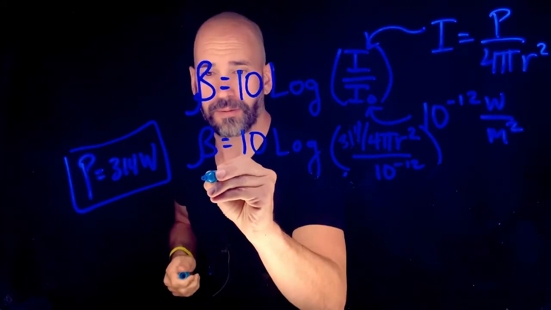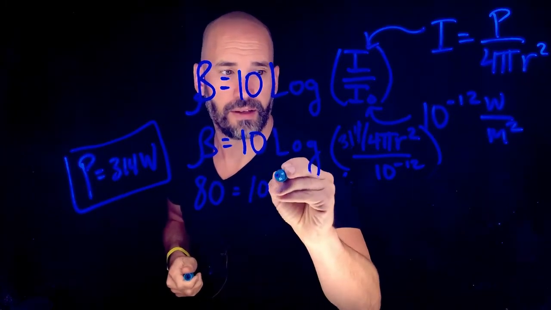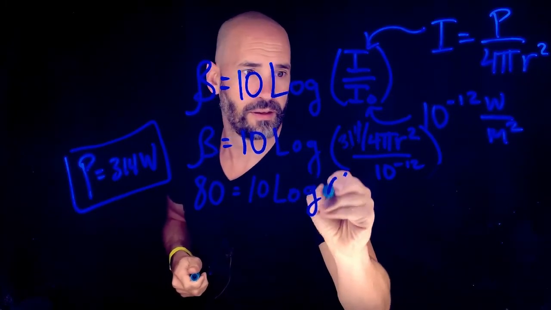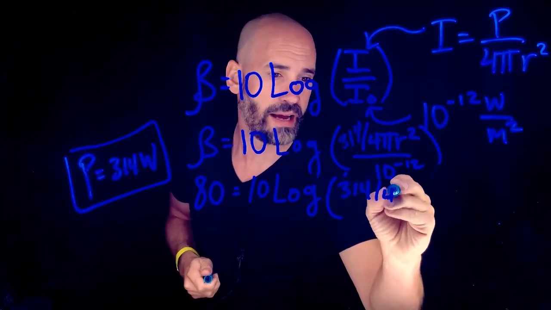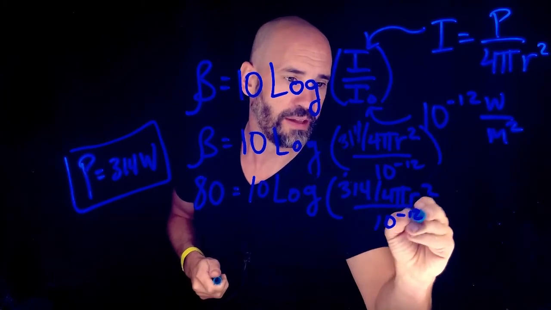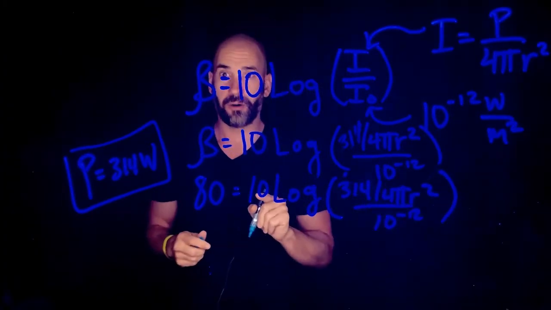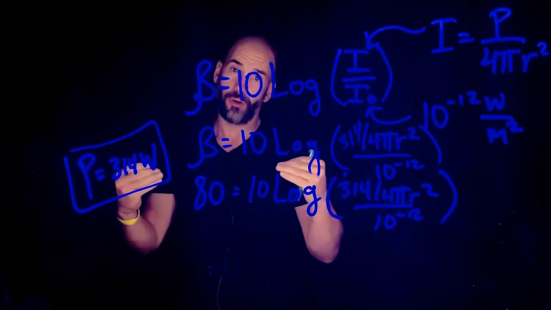So let's put in 80 here: 80 equals 10 log 314 over 4 pi r squared over 10 to the minus 12. And I want to find out that r now so that what Bob's hearing is 80 decibels or less.